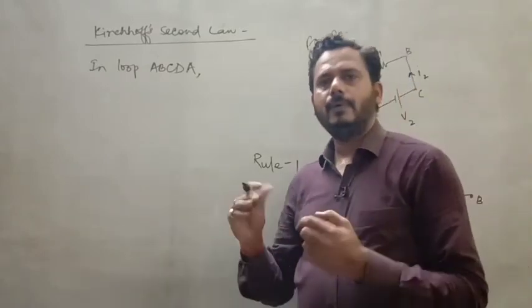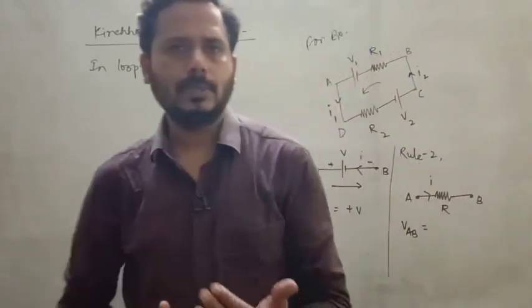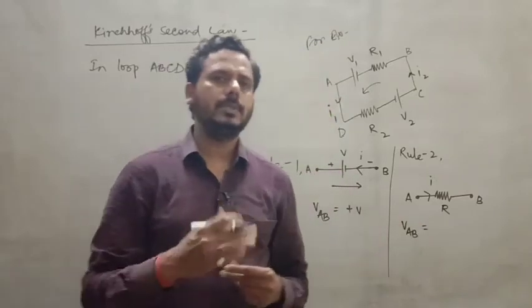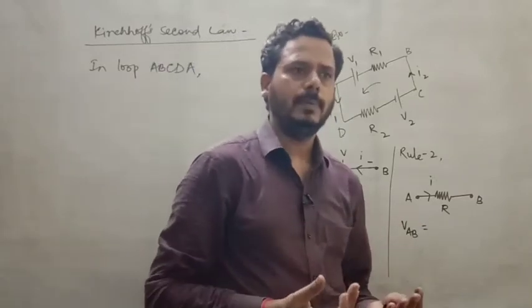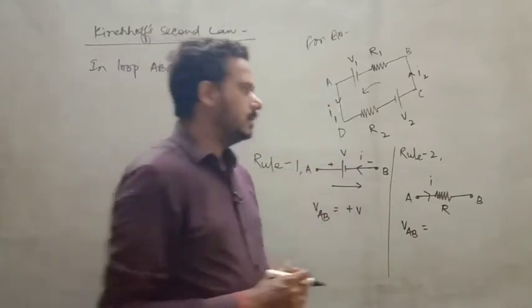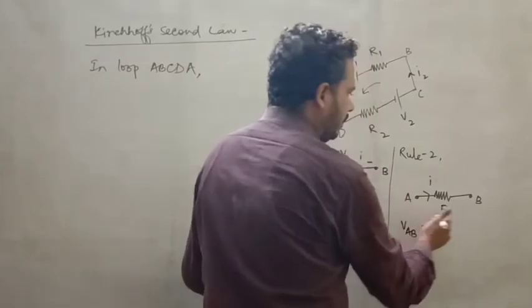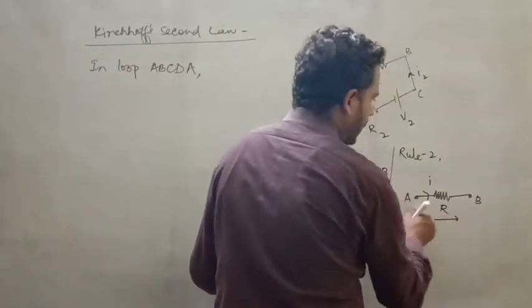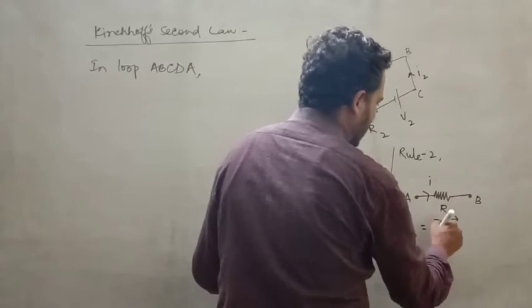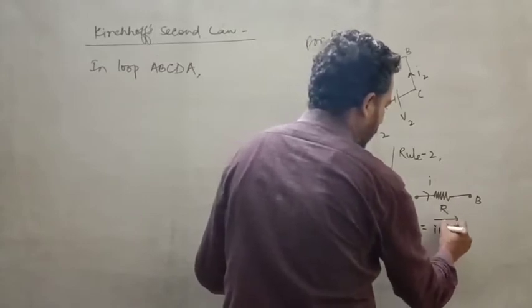If you are going in the direction of current, the potential drop would be positive. If you are going opposite to the direction of current, then the potential drop in that resistor would be negative. So now here you are going in this direction, that is A to B. So VAB would be positive, and that is equal to IR.